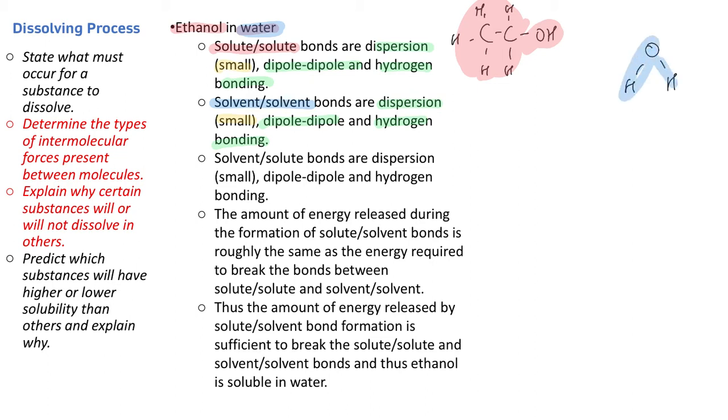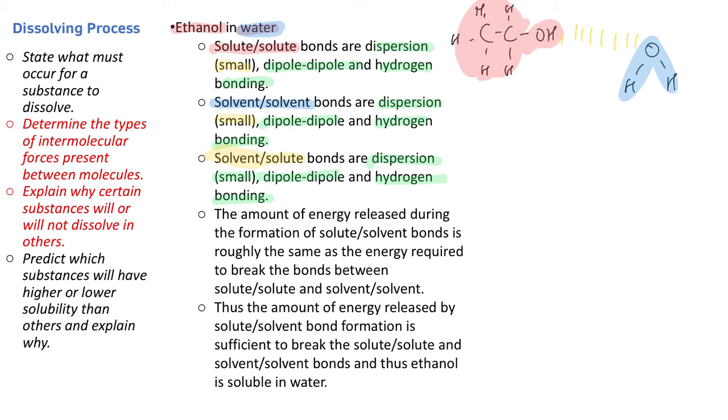You're not going to have a large amount of dispersion force, and the predominant force is going to be hydrogen bonding. When these two substances come together, they form the following. When solute-solvent bonds are formed, they are dispersion, small, dipole-dipole, and hydrogen bonding, because there can be hydrogen bonding between this H and that O. So hydrogen bonding between those two substances.